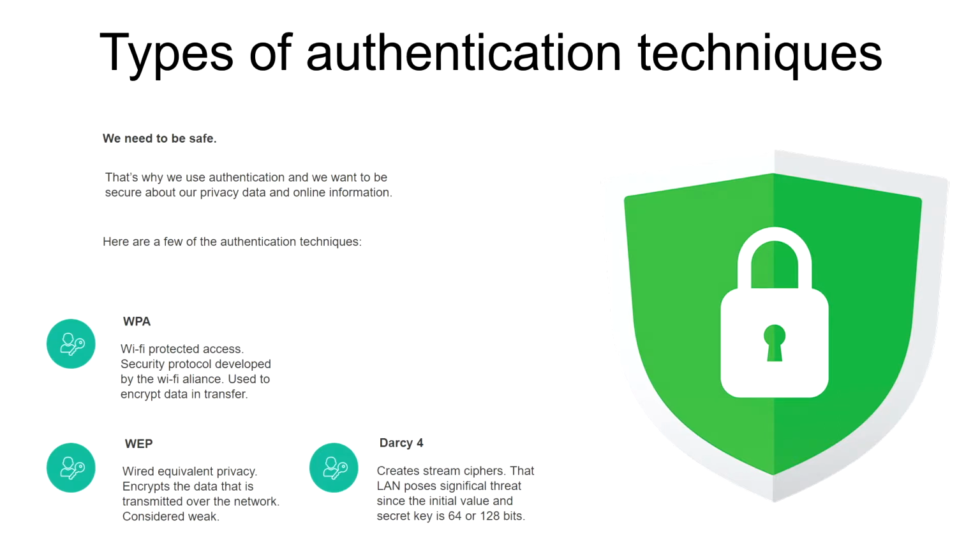So the total length for both the initial value and the secret key can either be 64 or 128 bits long. That means that the lower possible value of the secret key makes it really easy for an attacker to crack it.